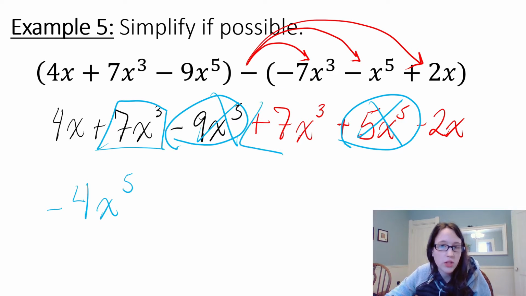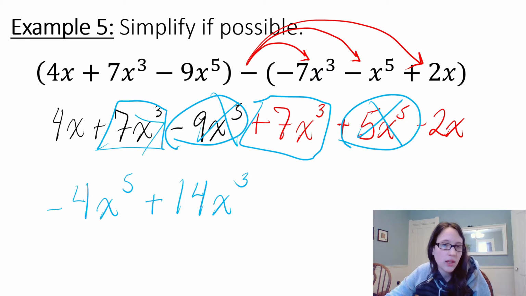Okay, so I have 7x cubed and 7x cubed. Do those cancel out? No, because they're both positive this time. If it was 7 minus 7, they would cancel. But this is 7 plus 7, so that's going to be positive 14x cubed. That one's done. And then lastly, I have this 4x minus 2x. That's positive 2x, so plus 2x.